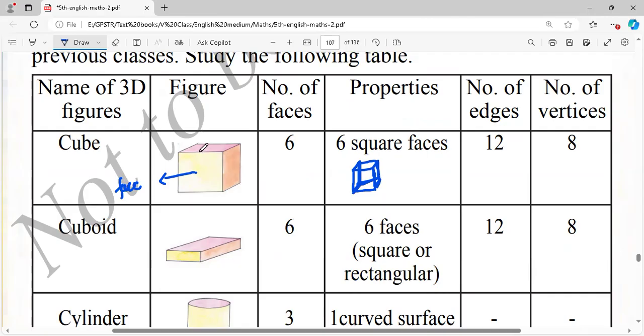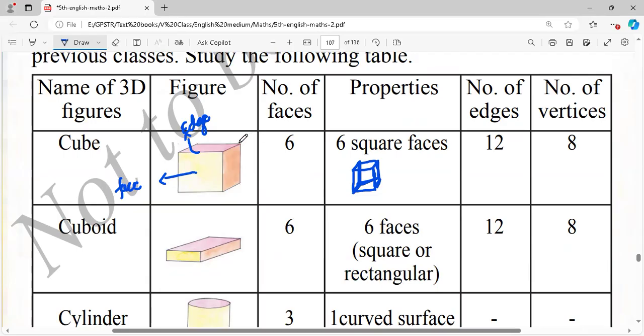This is an edge, this one is an edge. There are 12 edges here. A cube has 12 edges.